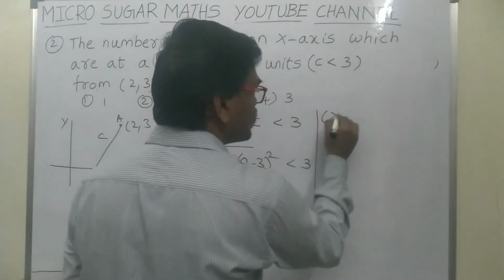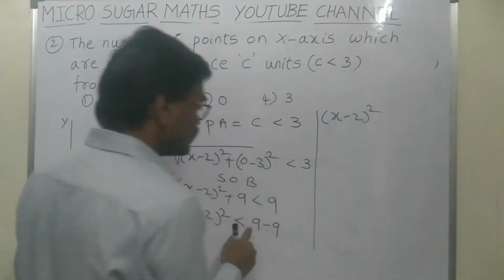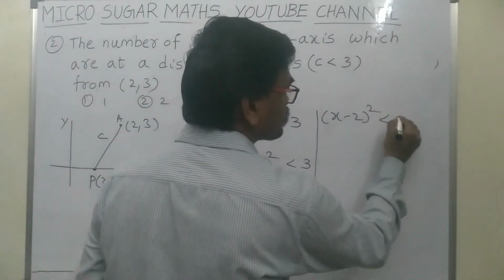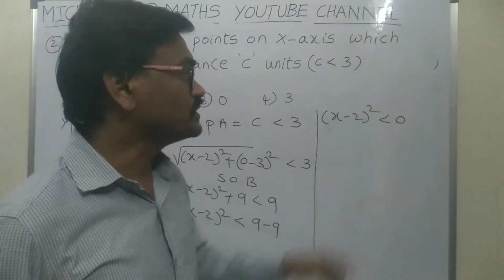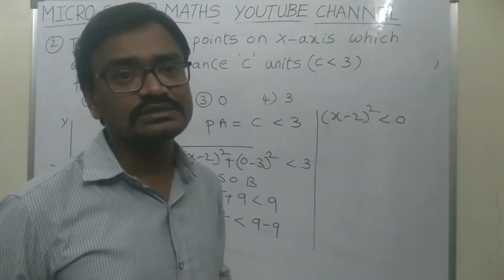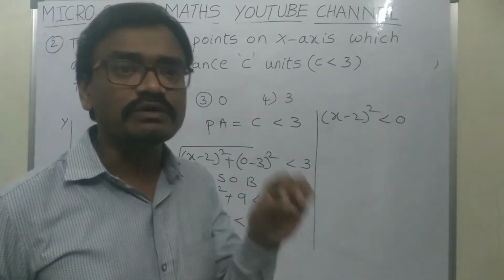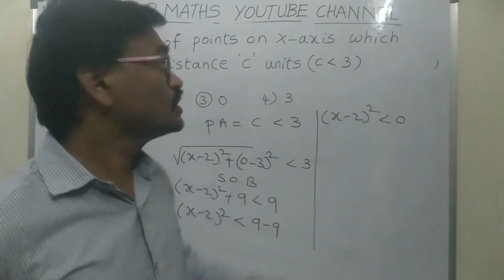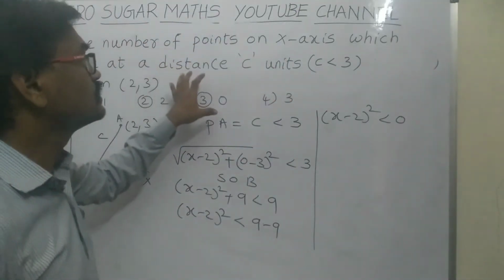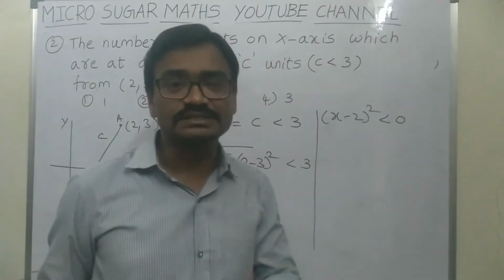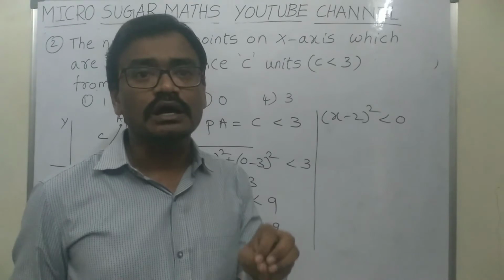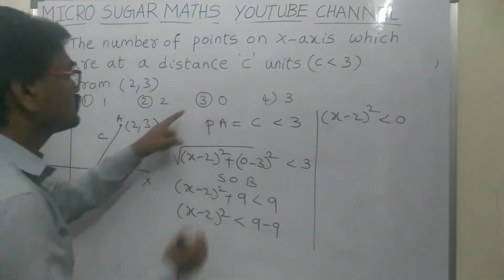Finally, (x minus 2) whole square is less than 0. But (x minus 2) whole square is a positive number, and students, a positive number is never less than 0. Therefore, using these conditions, the point on the x-axis does not exist. That means our required option is the third option.